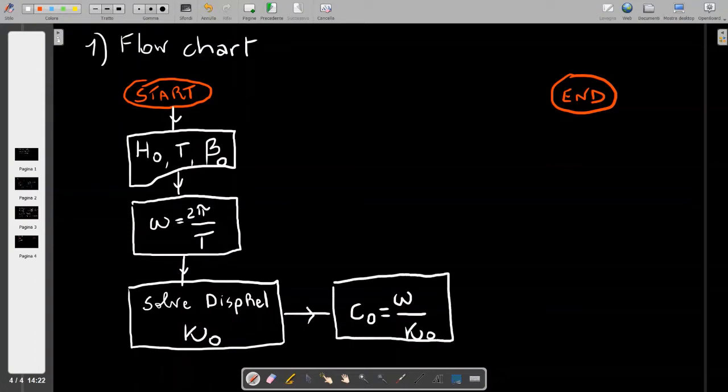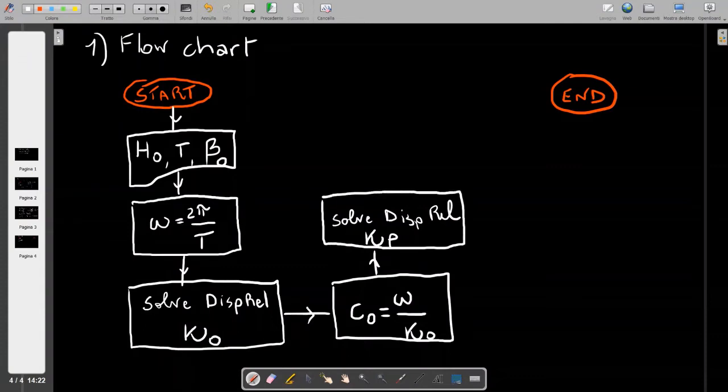So this is the wave number at the point located offshore. Then we need to solve again the dispersion relationship in order to get the value of k at the point located inshore, in order to compute the celerity at the point located inshore, that again is equal to the same omega, as the wave period does not change, whilst the wave number changes. Indeed, the water depth is different.